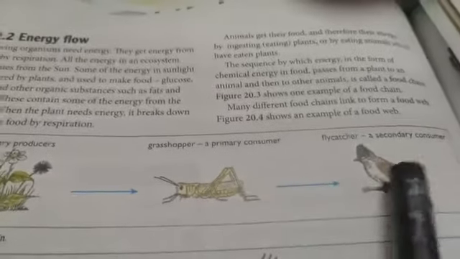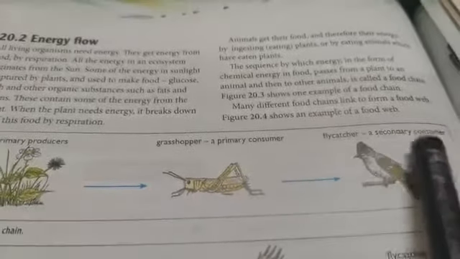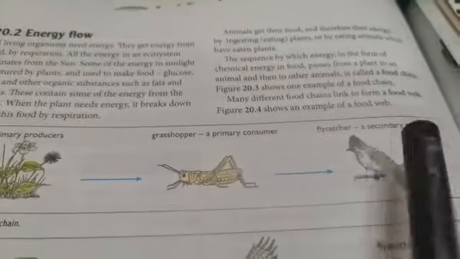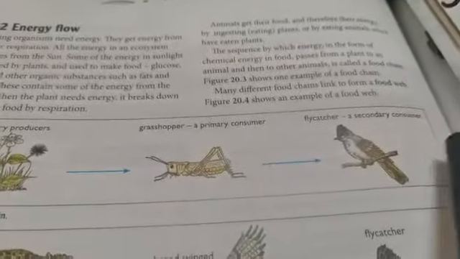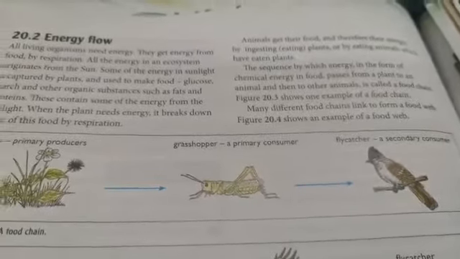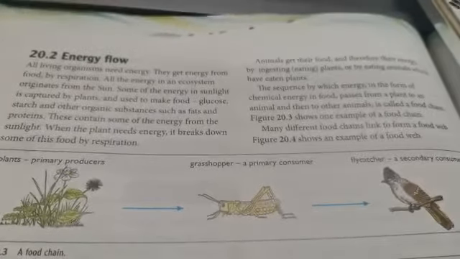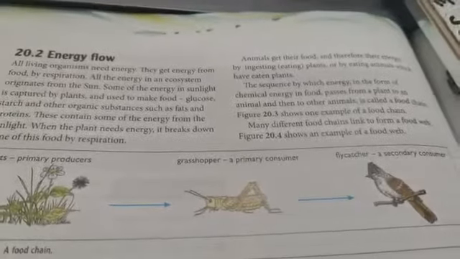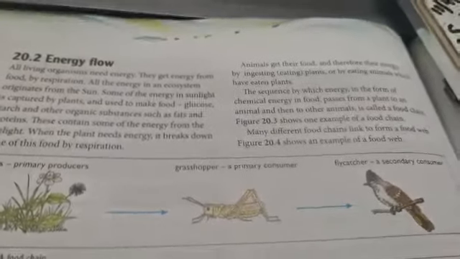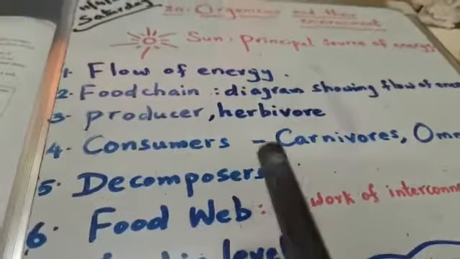At last, who will eat this bird? After this bird dies, what will happen? Bacteria or any kind of microorganism can decompose it and make it organic matter. Such kinds of microorganisms are called decomposers.